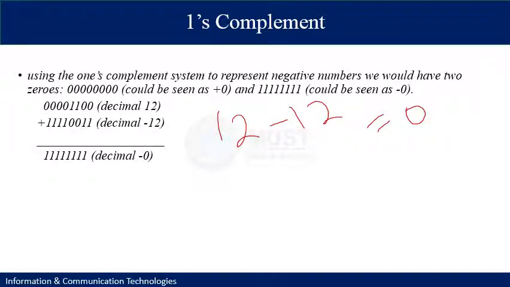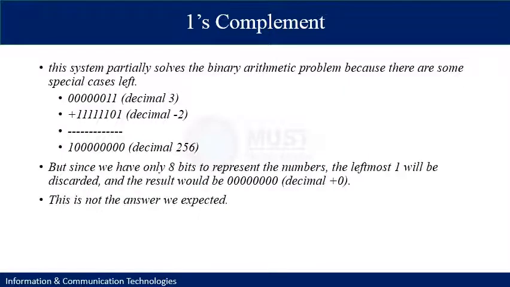We convert the negative number into the negative representation using 1's complement, and our result is equal to minus 0. So this system partially solves the binary arithmetic problem because there are some special cases left.